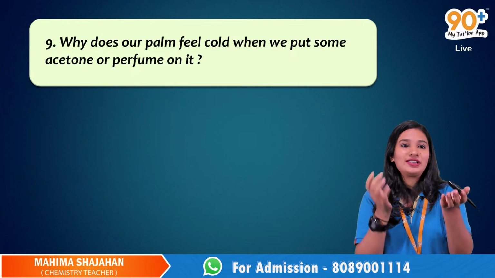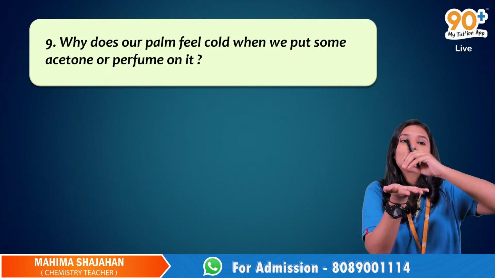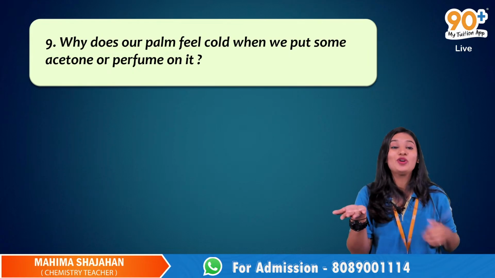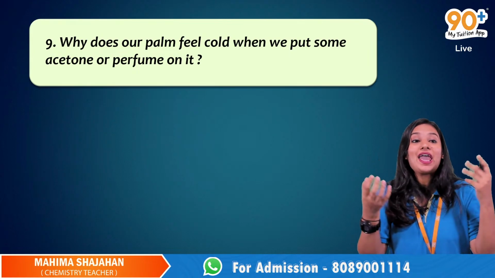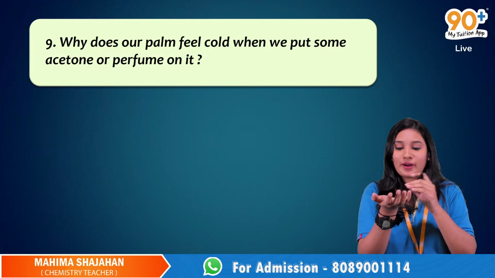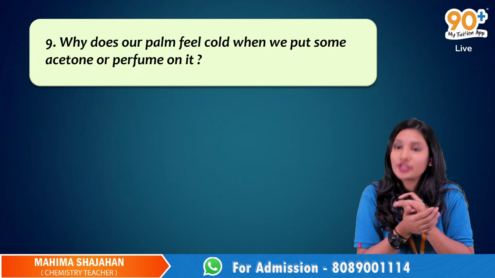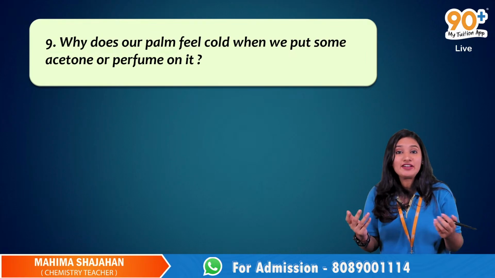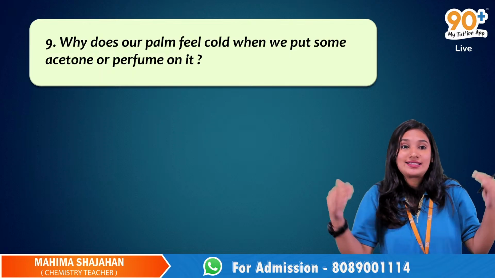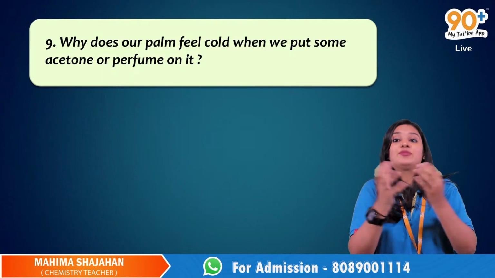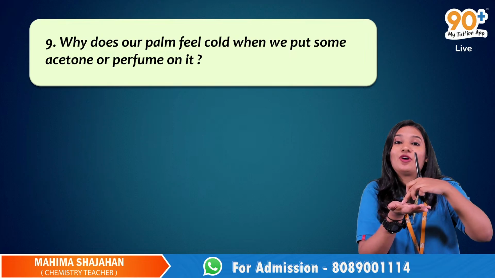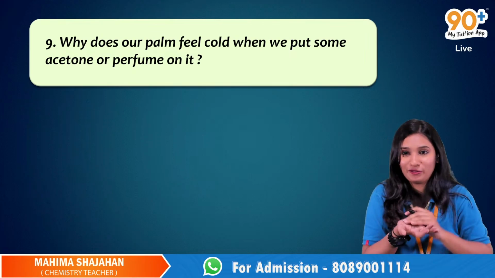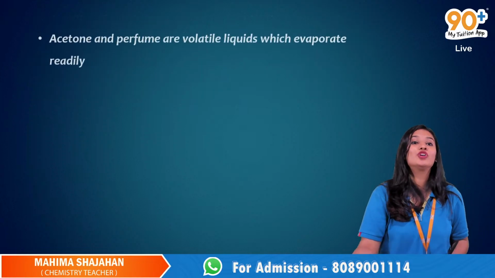Acetone is nothing but your nail polish remover, right? When we pour some acetone on our hand, what will it do? It will absorb heat from our palm and also from the surroundings, and it will evaporate. So heat is lost from that part of the palm, and that part will become cool.